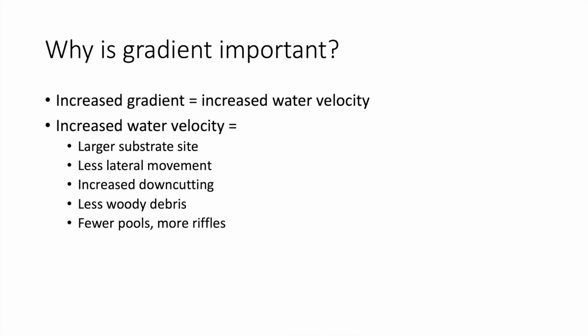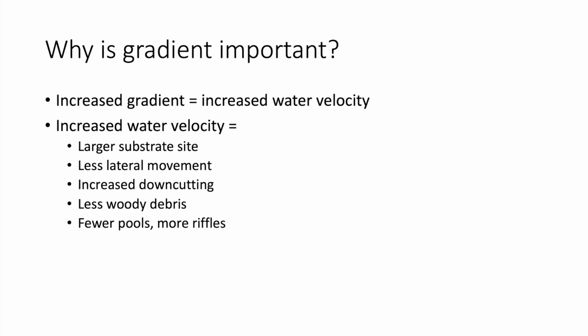But also pools are really created a lot of times through channel complexity, things like meanders. A lot of times there's a pool on the outside bend of a meander, for example. Most of the time when you get a very straight channel that's high gradient, high velocity, you're going to get more riffles because it's very steep, that large sediment size, and it's just going to be moving downstream really fast.